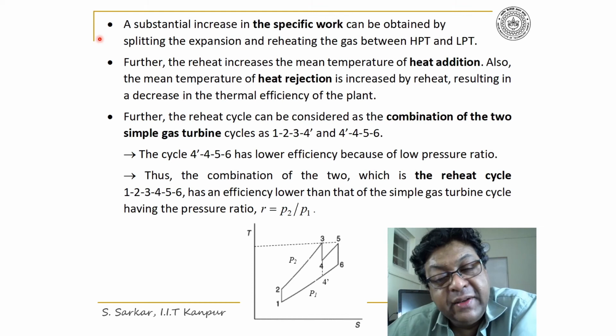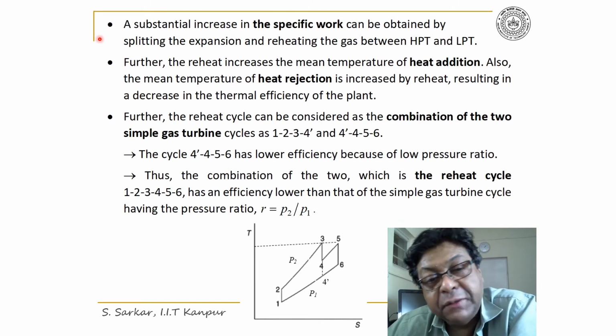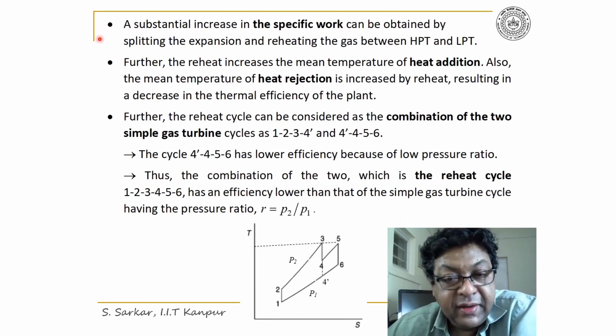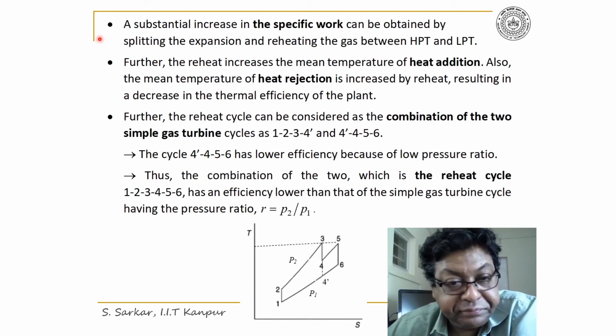Please note that a substantial increase in specific work output can be obtained by splitting the expansion and reheating the gas between the high pressure turbine and low pressure turbine.